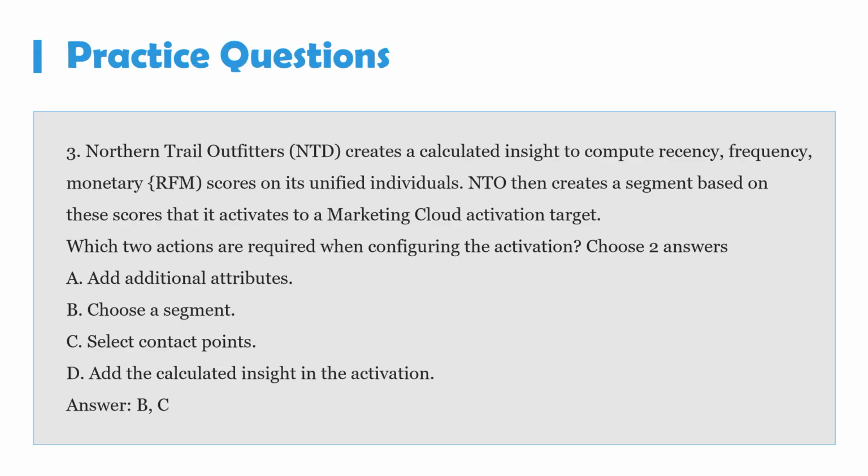Which two actions are required when configuring the activation? Choose two answers. A. Add additional attributes. B. Choose a segment. C. Select contact points. D. Add the calculated insight in the activation. Answer: B, C.